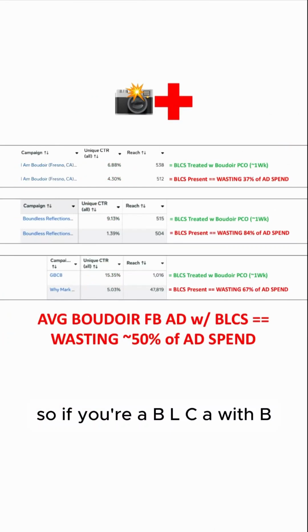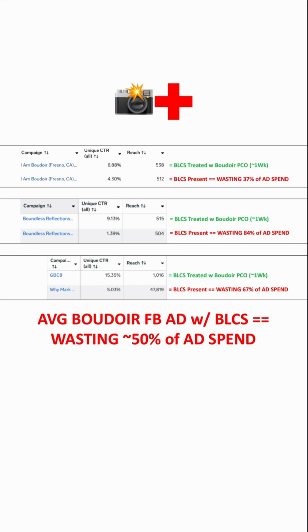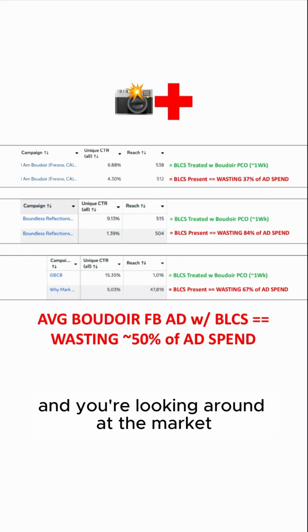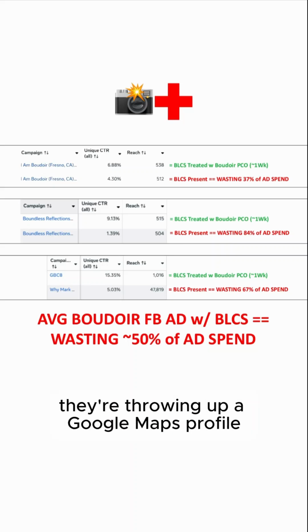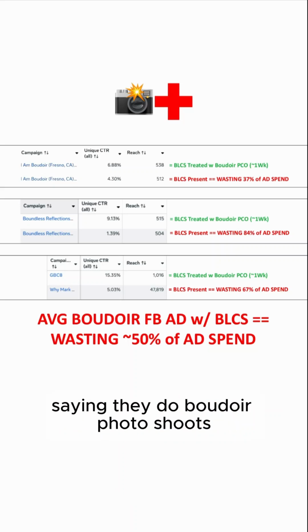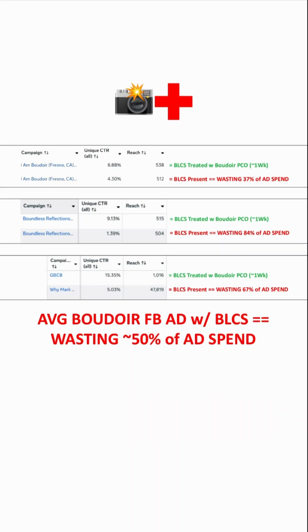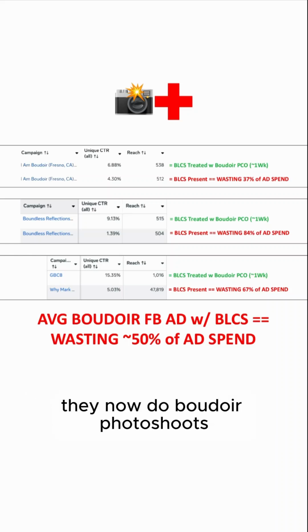So if you're a BLCA with BLCS, a Boudoir low click advertiser with Boudoir low click syndrome, and you're spending more than 10 grand a month on Boudoir Facebook ads, and you're looking around at the market, you're seeing more Boudoir photographers enter the market every single day. Someone gets a new iPhone, all of a sudden they're throwing up a Google Maps profile saying they do boudoir photo shoots, or they get a new camera and then they're posting in the mom groups that they now do boudoir photo shoots.